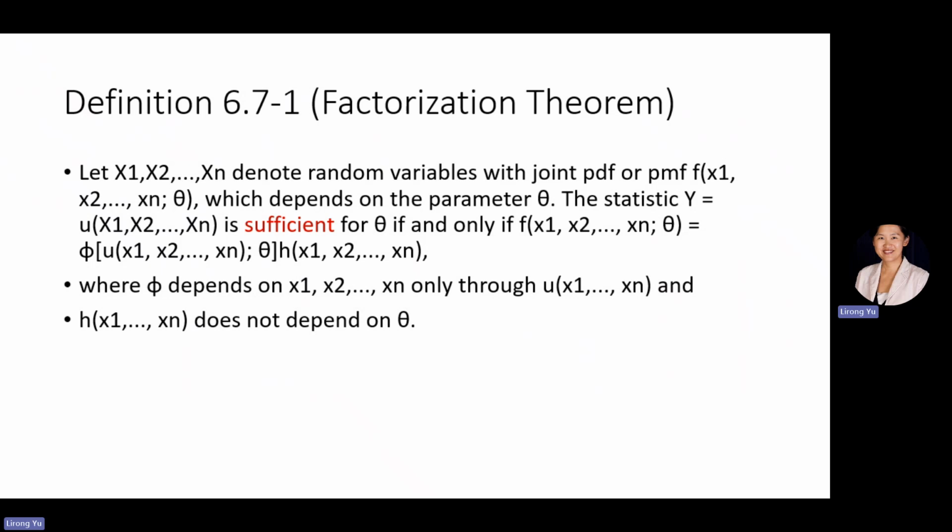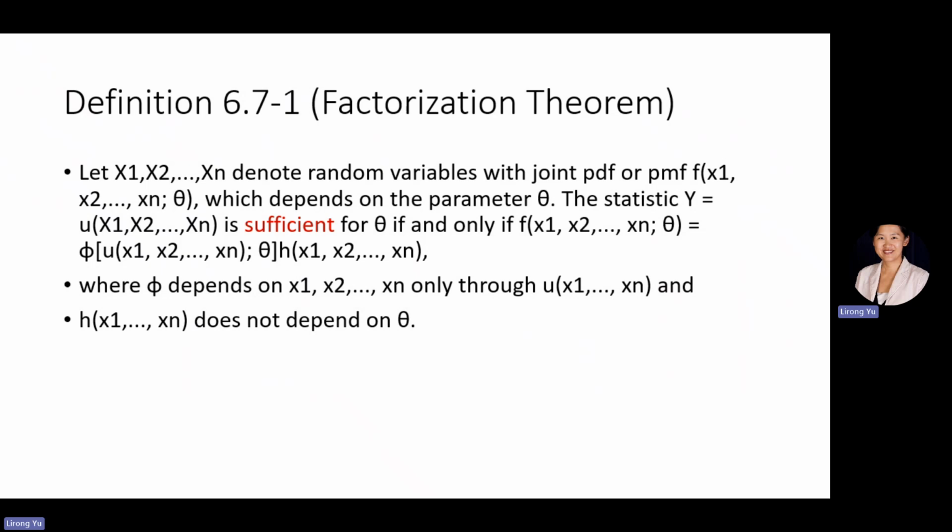So suppose the joint distribution or possibly the likelihood function can be factored into two parts. Part of it is related to theta. Part of it is not related to theta. In that case, suppose one of the factors depends only on u. u would be the statistic we're talking about, and this part does not have u.